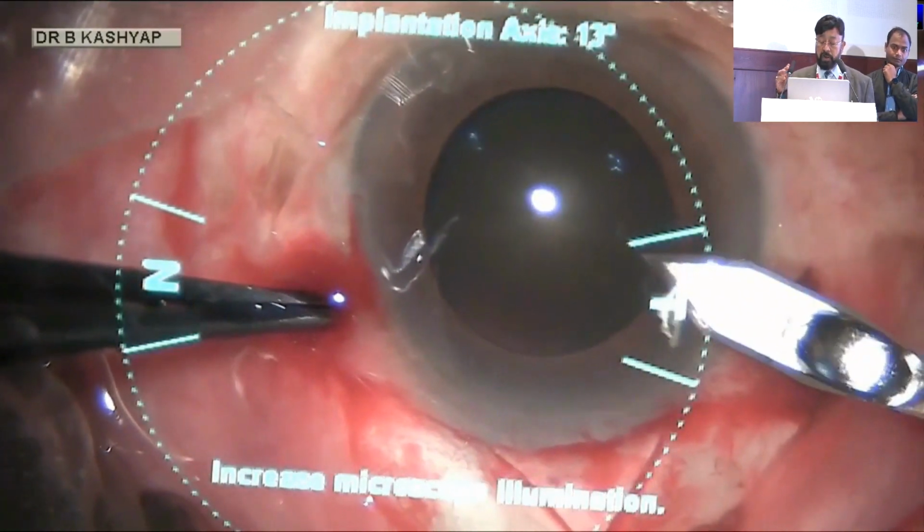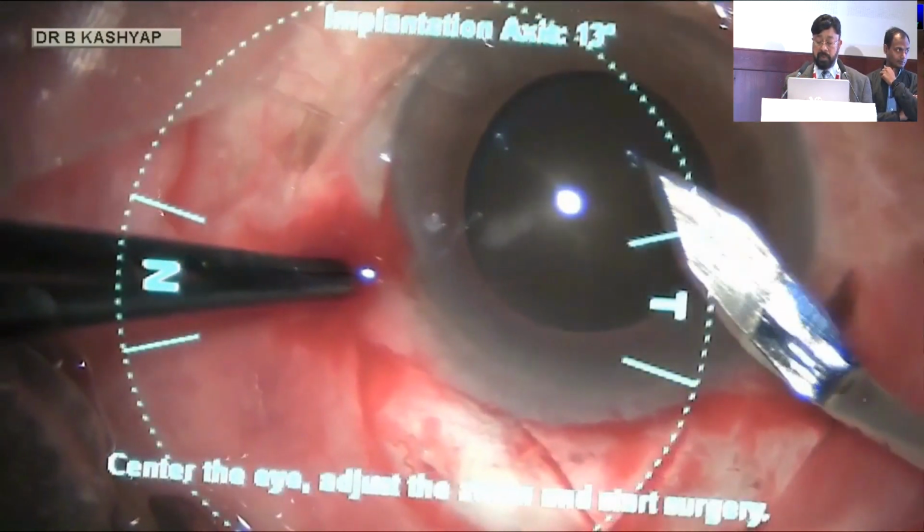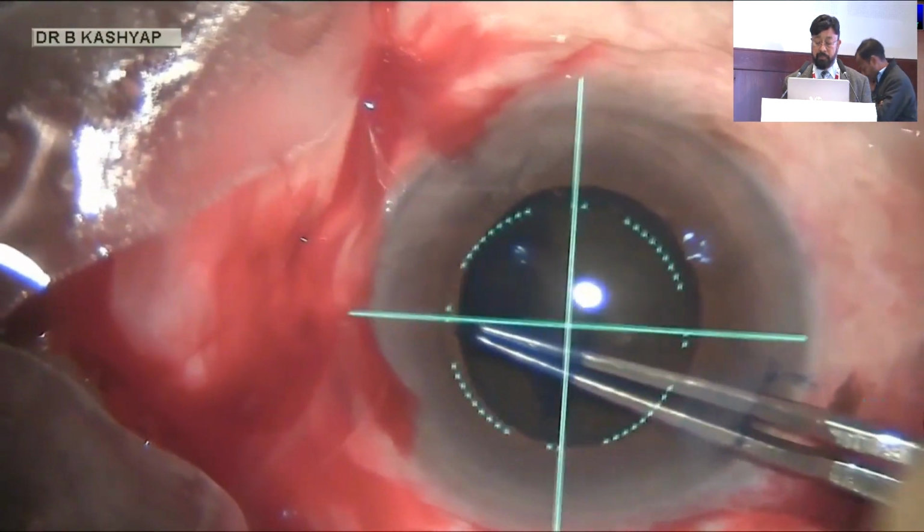The nucleus is very hard, by the way. I generated 4+++.